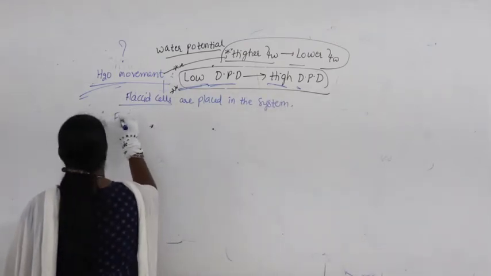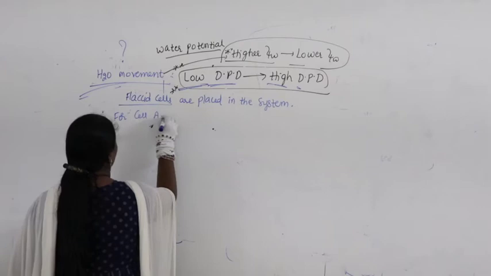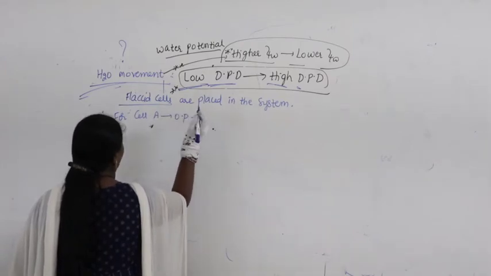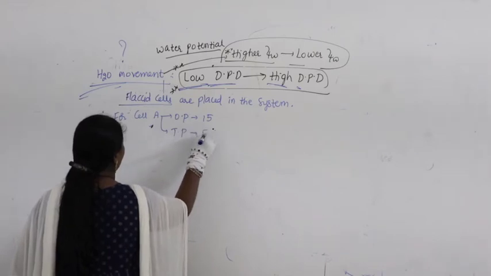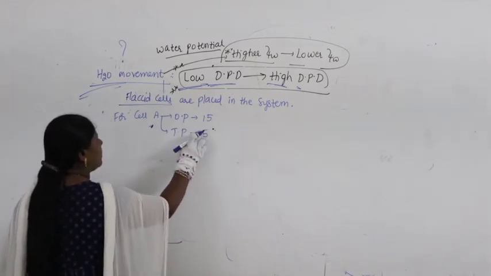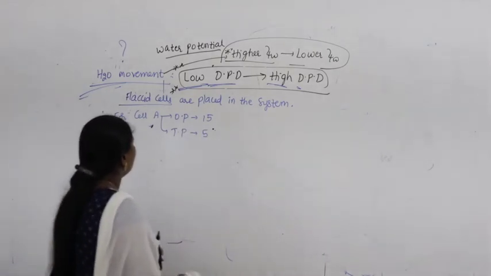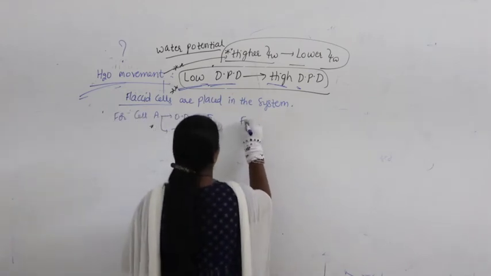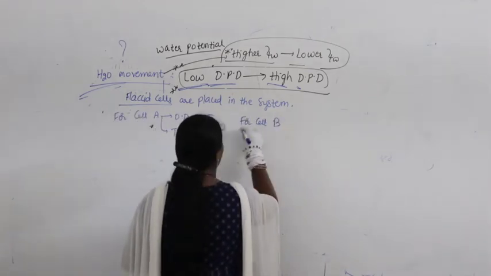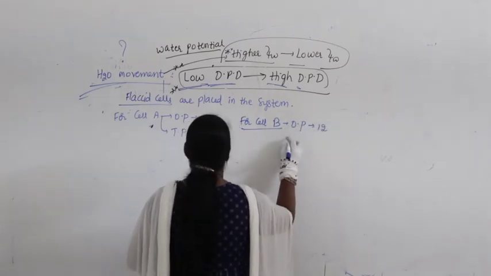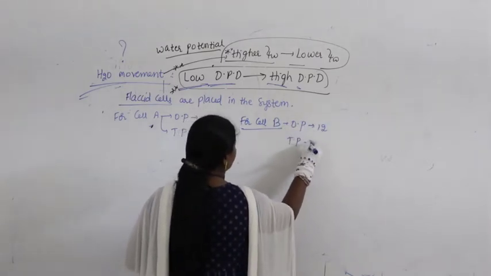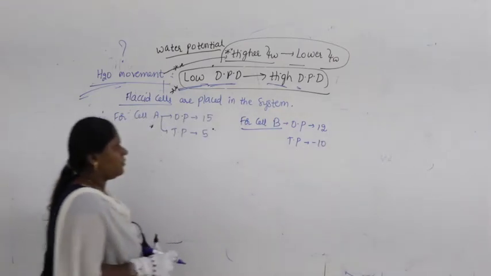Now let us continue. For cell A, let us take OP value as 15 and TP value as 5, or let us take minus 5, or let us take 5 itself. Now coming to cell B, let us take OP value as 12 and TP value as minus 10. Okay.